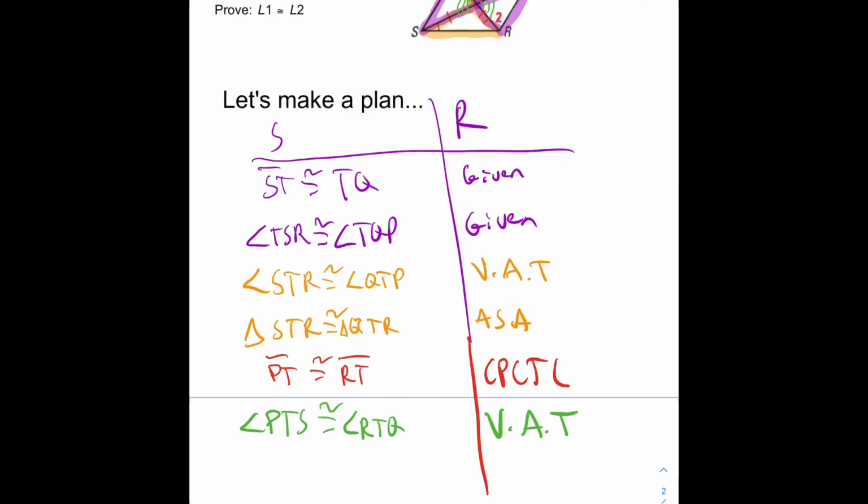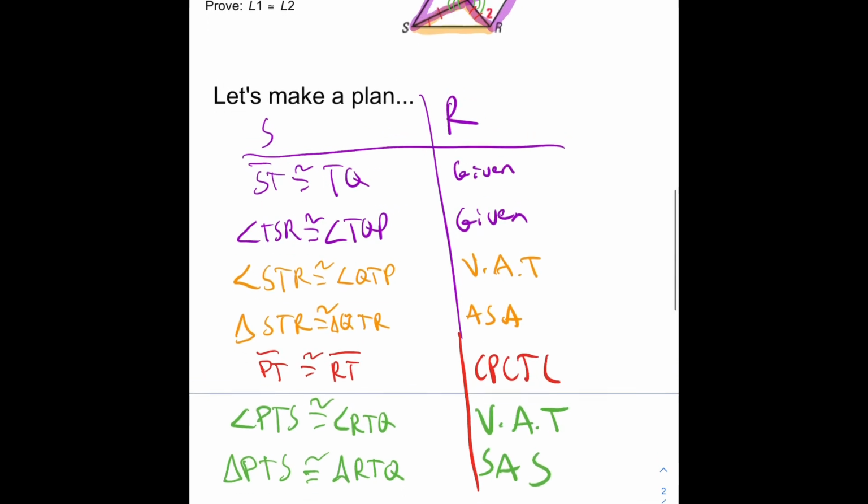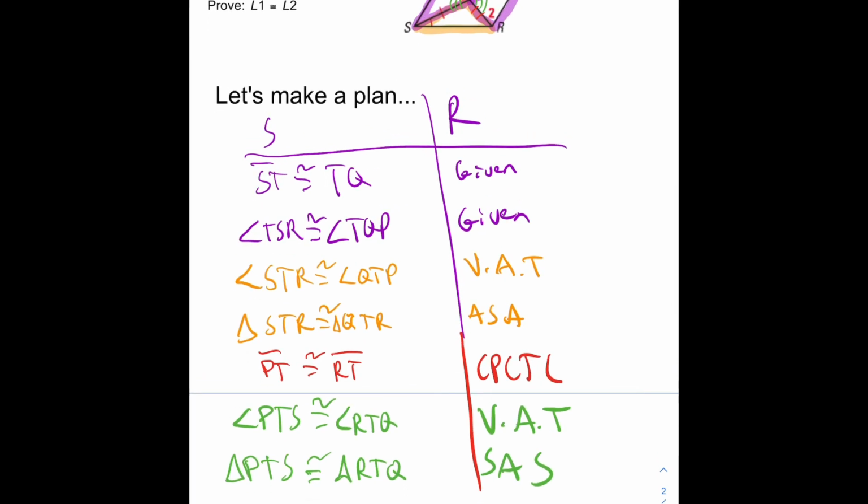And if I look here, I have a side that's congruent, I have an angle, and then I have another side. So I can say that triangle PTS is congruent to triangle RTQ by the side angle side theorem. And now, because I stated that my triangles are congruent, all parts of congruent triangles are congruent.